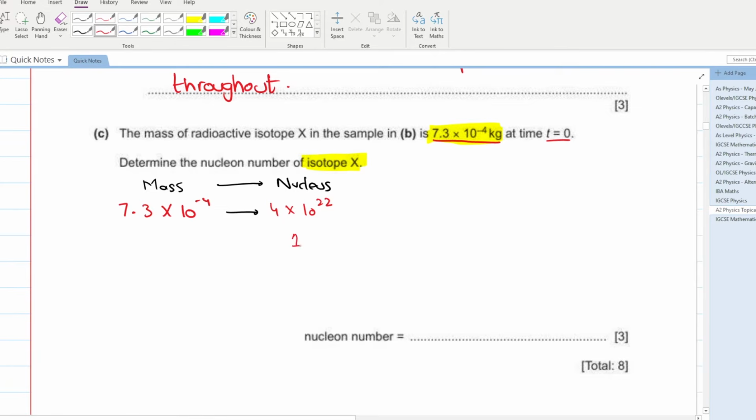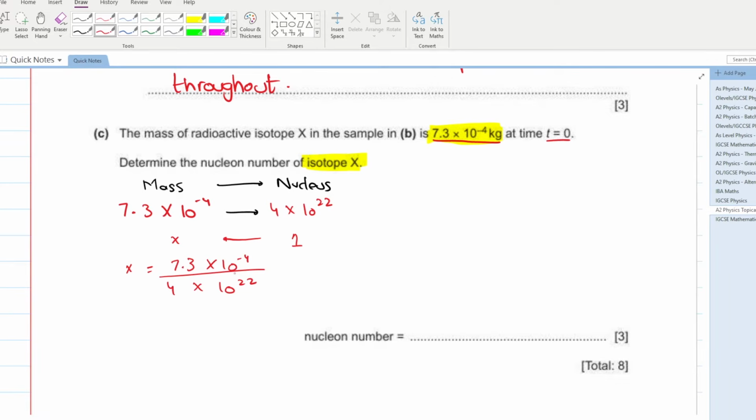If I have to calculate the mass of one nucleus, what will I do? Cross multiply. This X is the mass of one nucleus. X equals 7.3 into 10 raised to the power of minus 4 divided by 4 into 10 raised to the power of 22. Let's calculate it.